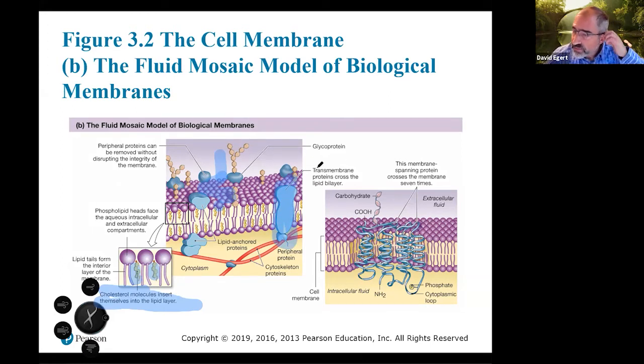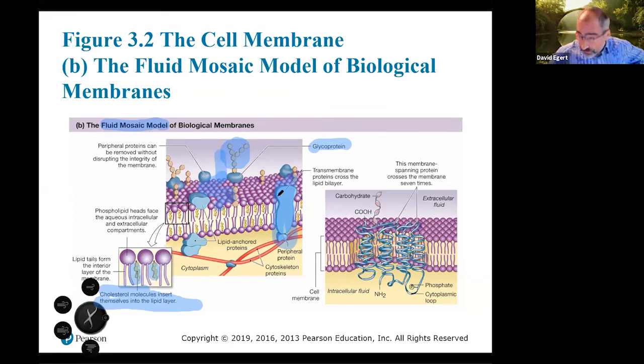Again, everything's just floating around with respect to each other. They hold their basic structure as a phospholipid bilayer. But again, fluid mosaic model, meaning fluid, things can shift with respect to each other, and mosaic, meaning there's lots of different things all making up the cell membrane. Yes, there's phospholipids as the primary thing, but then lots of proteins. And a lot of these proteins are glycoproteins, meaning they have these sugar groups attached to them.